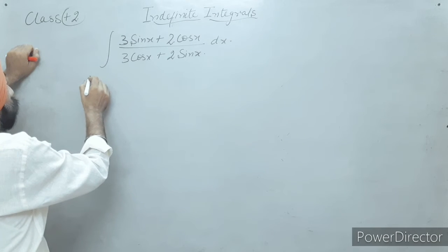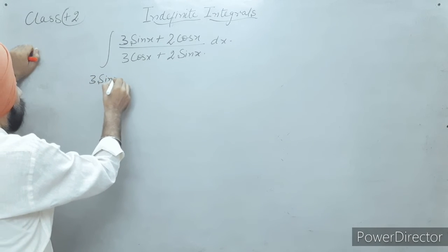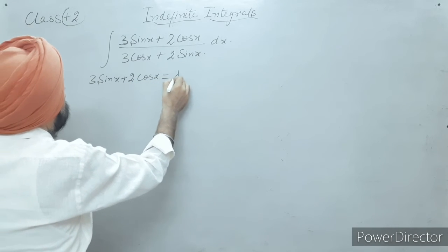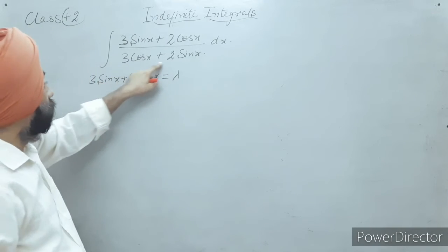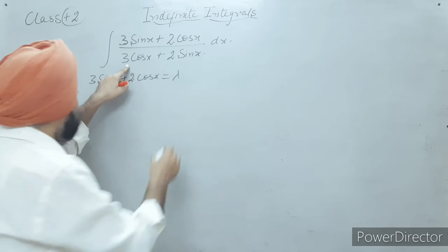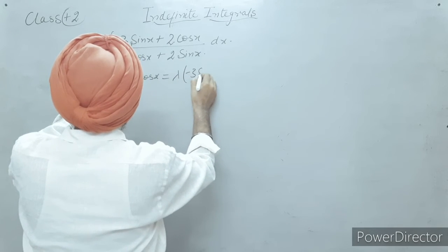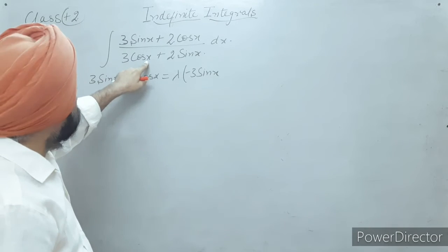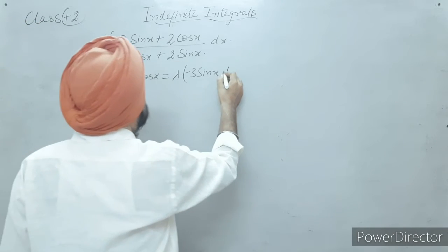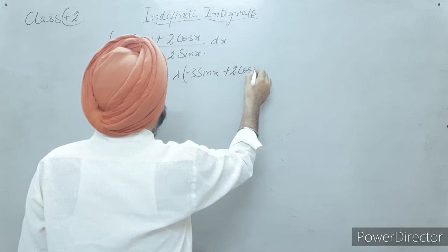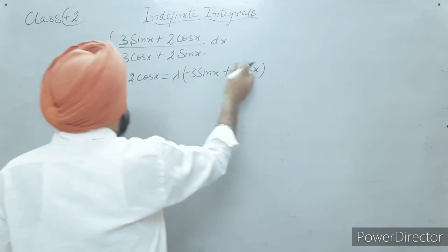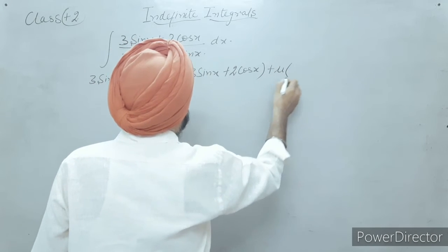The numerator is 3 sin x plus 2 cos x. This is equal to lambda times the derivative of the denominator. The derivative is minus 3 sin x plus 2 cos x, because the derivative of cos x is minus sin x. Plus mu times the denominator.